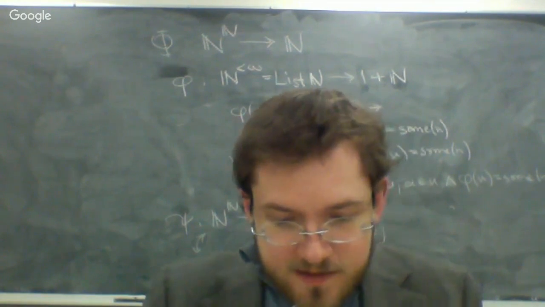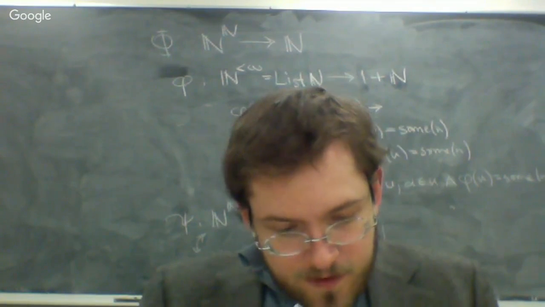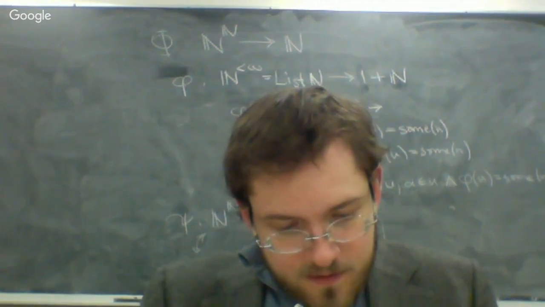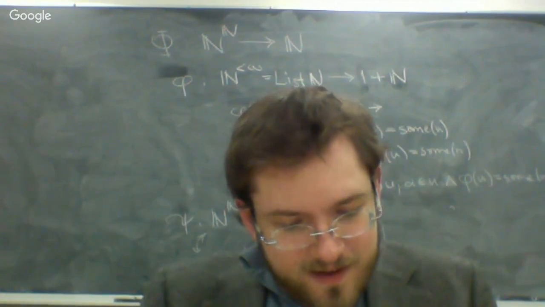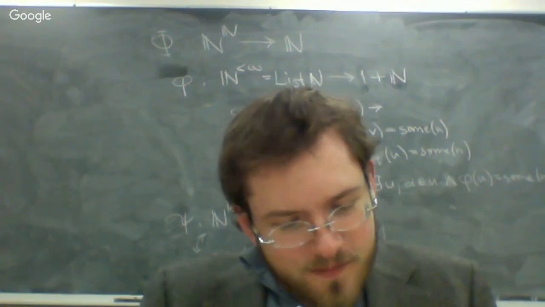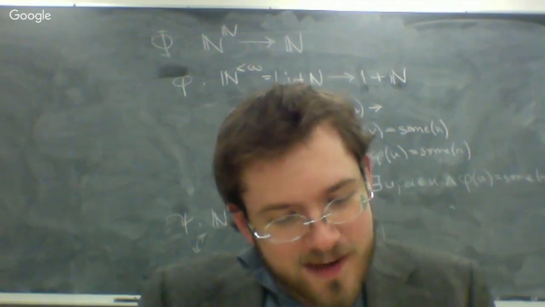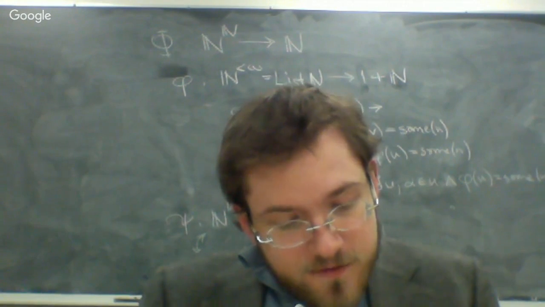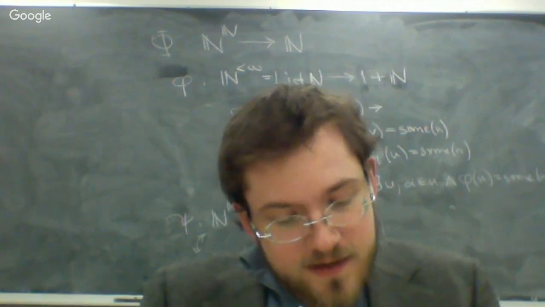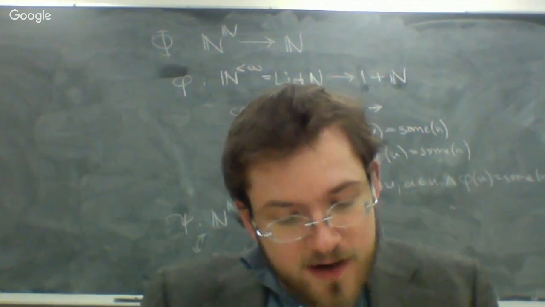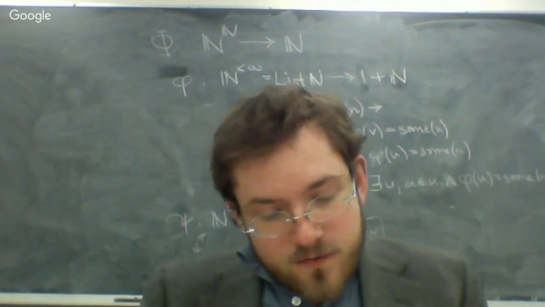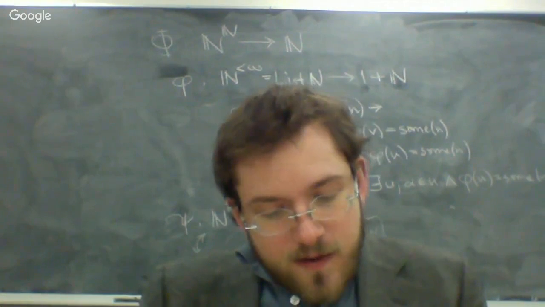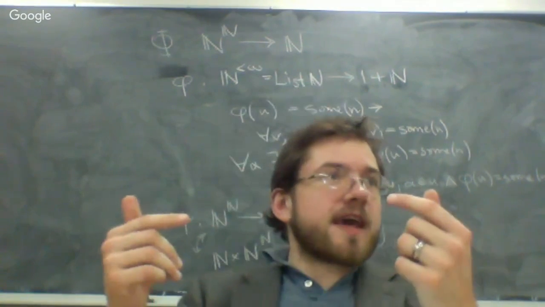Maybe it's better to look at K star. So the notation is a little bit weird, or maybe I didn't spend enough time preparing it, but lambda x 1 is in K star, and if for all x, gamma x is in K star, then gamma is in K star, where gamma is this thing that says no at the root and defers to gamma x applied to n if you have a sequence that starts with x.